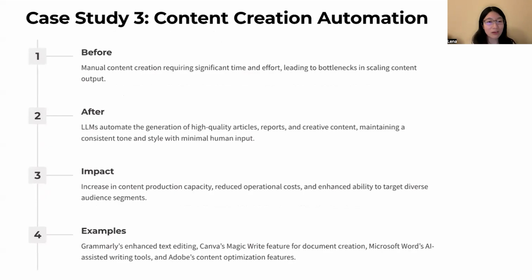Right now, with large language models, we can have the AI help us generate high-quality reports, articles, and even images and videos. They can greatly enhance content production capacity and also reduce operational cost. You probably have already been using some of those, like Grammarly's enhanced text editing or Microsoft Word's AI-assisted writing tools.